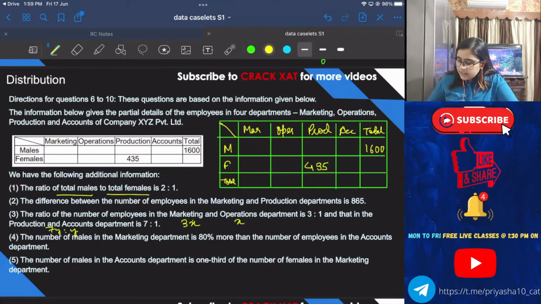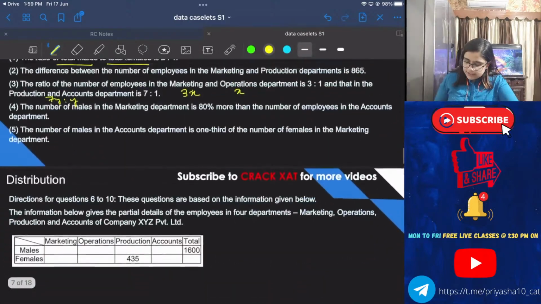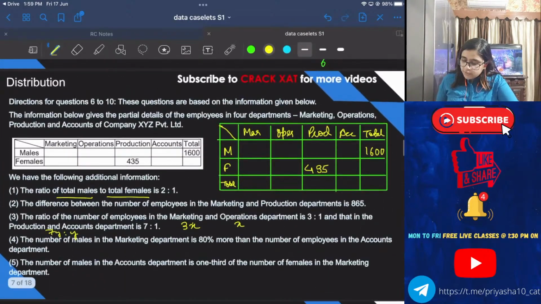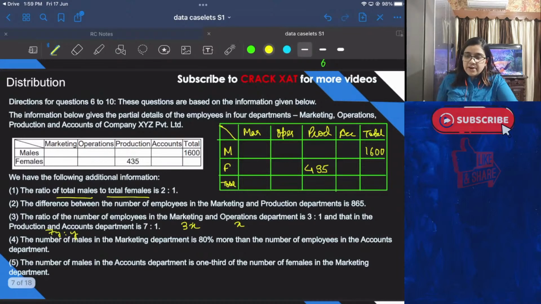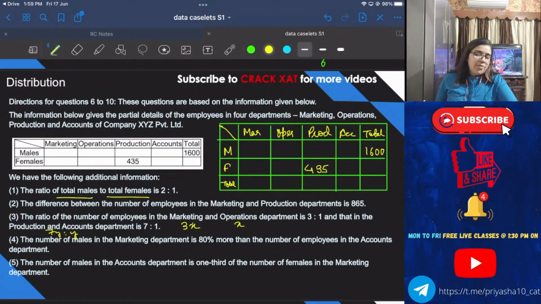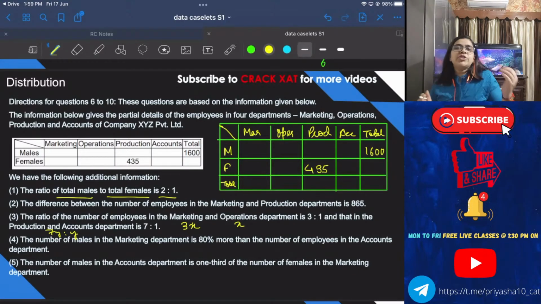Now first tell me, if the total number of males is 1600, what would be the number of females I have? No problem, Amritesh. It's fine. What is the number of females I'll have? The ratio is 2 is to 1. Anyone in the chat, help me solve it part by part. You will be doing the calculation.